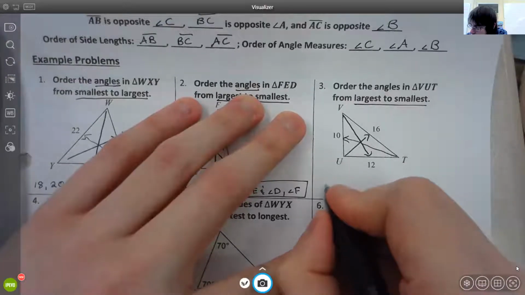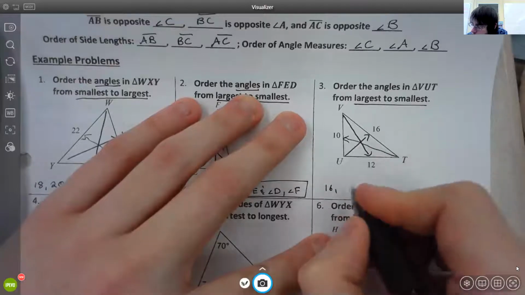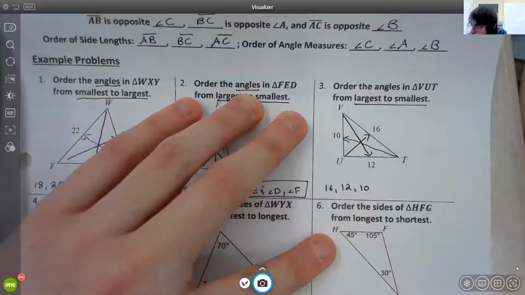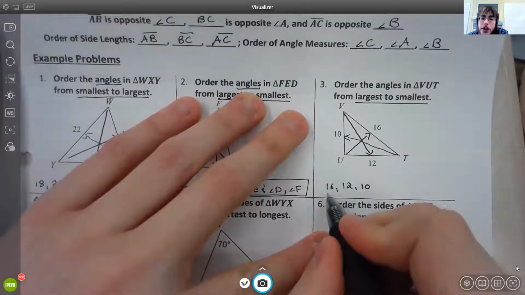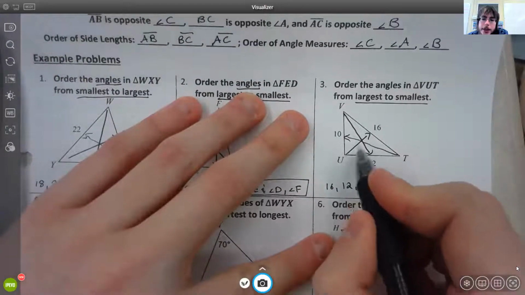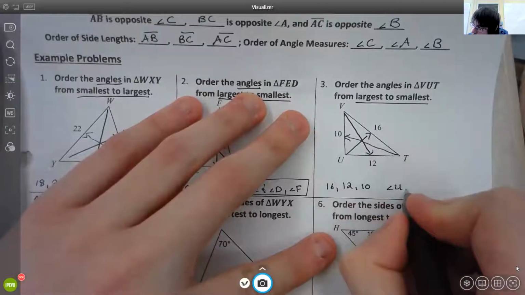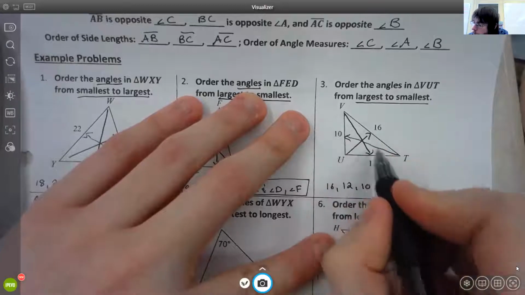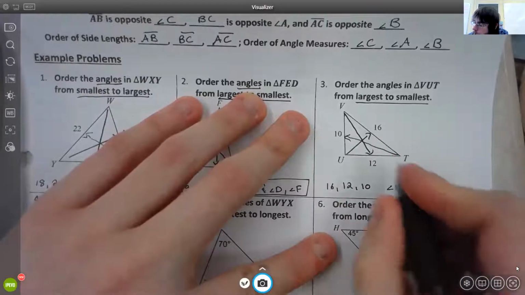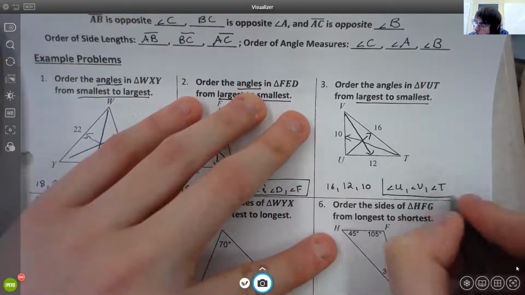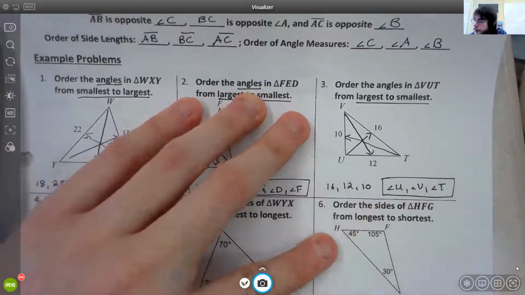So 16 is our largest side, then 12 is our next smallest, and then 10 is the smallest. What angle is opposite the side with 16? Well, we have the arrow pointing from U to 16, so angle U. V points to 12, and T points to 10. So angle U, V, T.